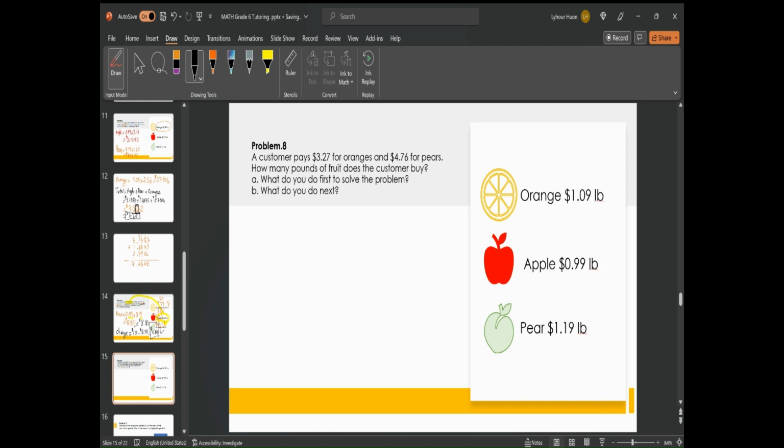Okay, next. Same scenario: you're still at the shop doing shopping with fruits, but one customer pays $3.27 for oranges and $4.76 for pears. How many pounds of fruit does the customer have?